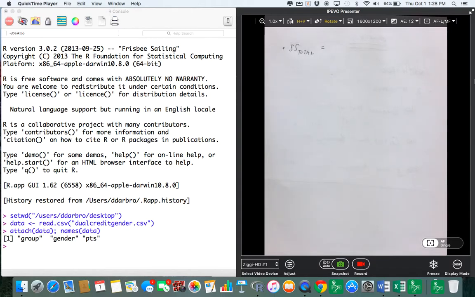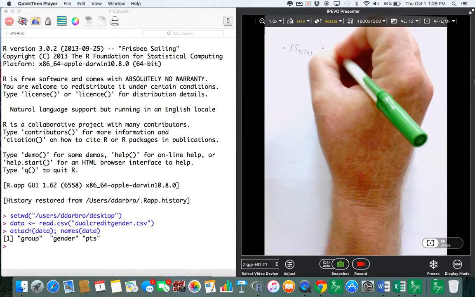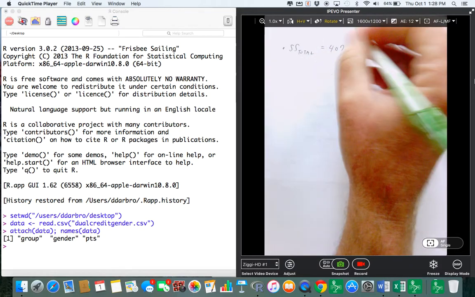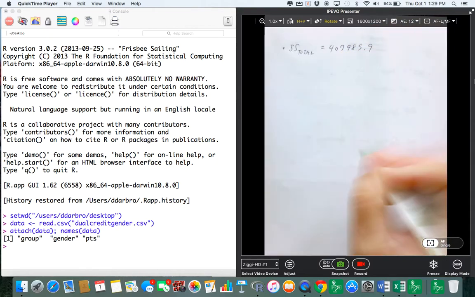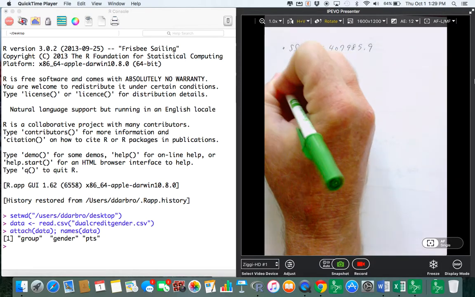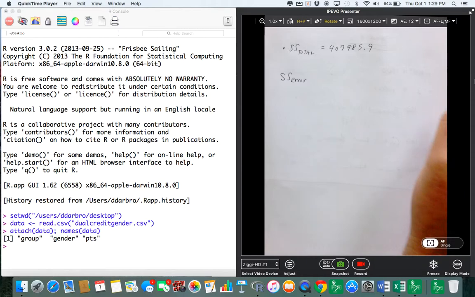Anyway, where I left off was we had just calculated the sum of squares total, and it was 407,985.9. And we were focusing on the calculation for the sum of squares error.